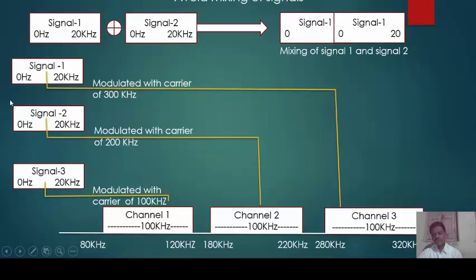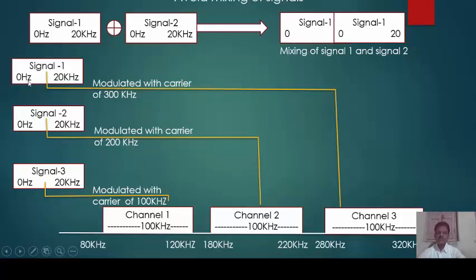Such vehicles are known as the carrier. Here also this frequency is the carrier, and the function of this frequency is to carry this audio signal. And here we get the second channel, which has the frequency from 180 kilohertz to 220 kilohertz.